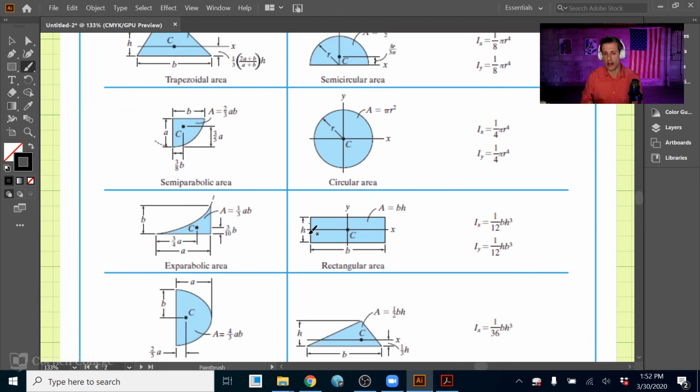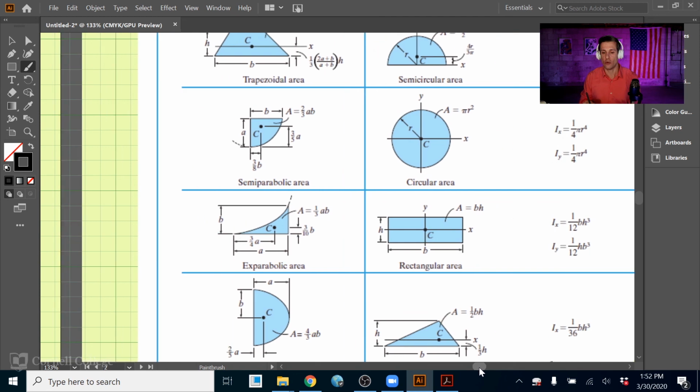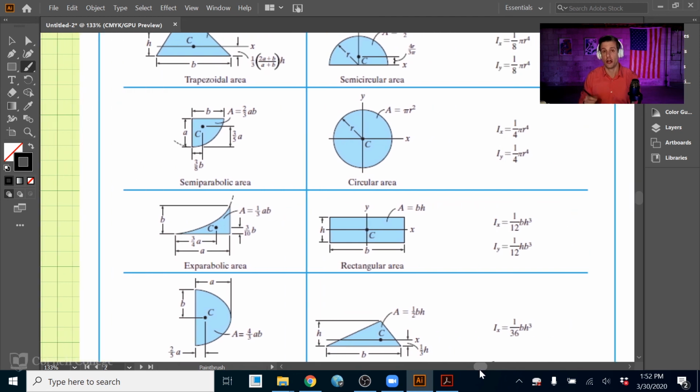Now, we were using a rectangle here, and the moment of inertia about the x-axis here is 1/12 bh cubed, exactly what we found. And if we want the moment of inertia about the y-axis, it's just 1/12 hb cubed. So these variables are just swapped here. Okay, so that is the way to find the moment of inertia about a centroid axis.